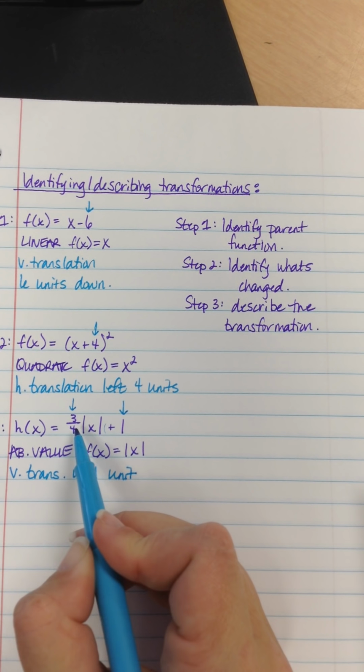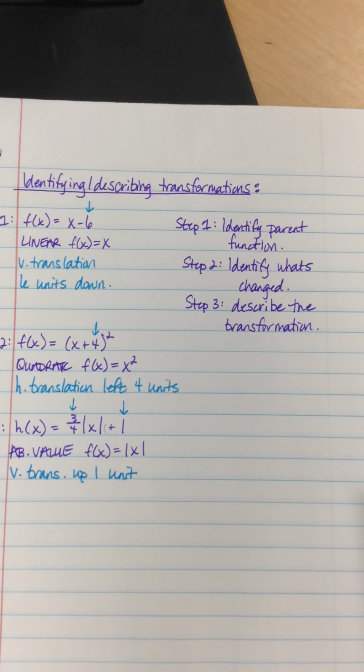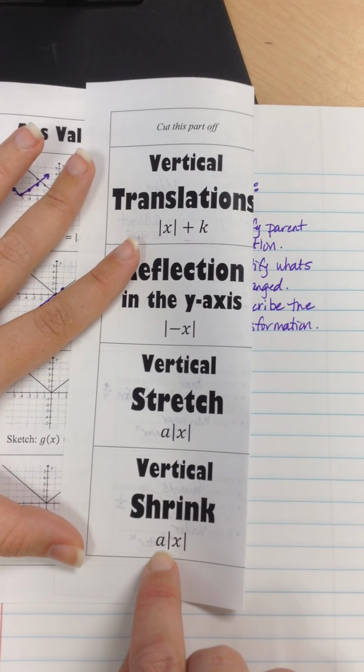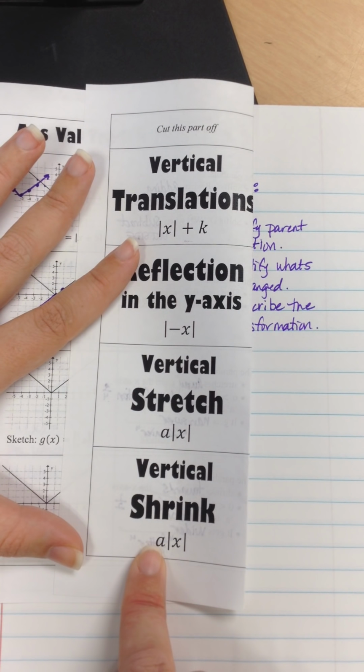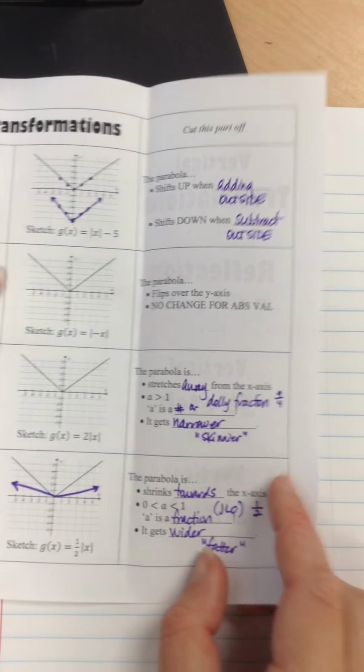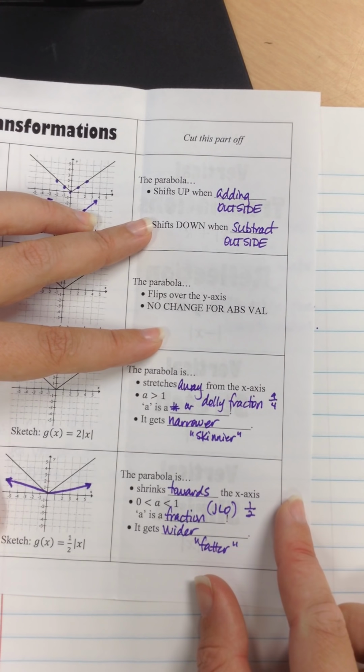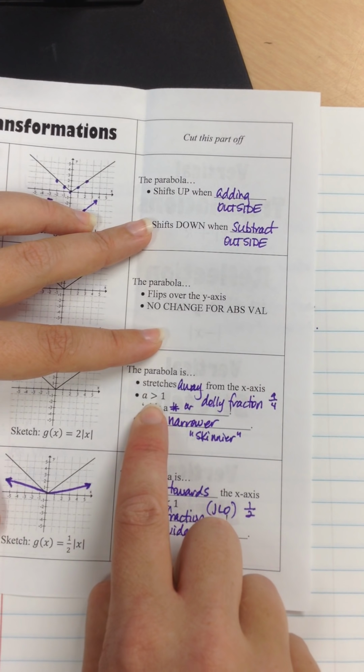Now the 3/4, that's a number that's out in front. You may need to pick up your foldable and take a look at it. Numbers that are out in front, we call that A. We need to know if it's a vertical stretch or a vertical shrink. So when I open my foldable, I'll see that if my A is greater than 1, I have a stretch.